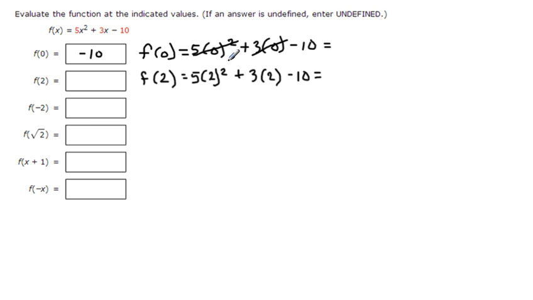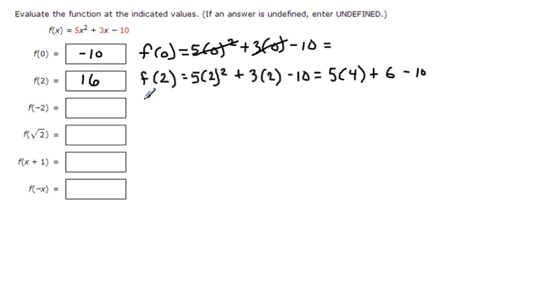Now we have to make sure we follow order of operations. So 2 squared is 4, and we're going to have 5 times 4 plus 3 times 2 is 6 and minus 10. And we need to evaluate this. 5 times 4 is 20. 20 plus 6 is 26, and 26 minus 10 is 16.